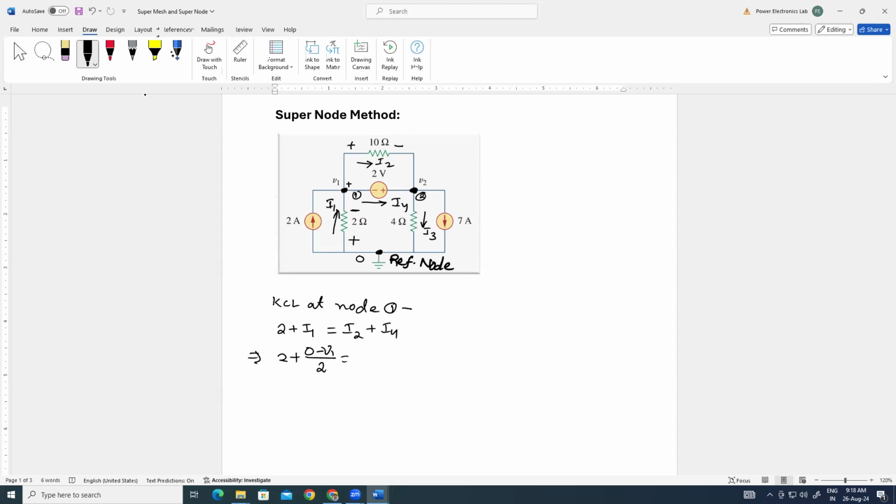Then what is the value of I4? The resistance value is 10, so it will be by 10. What is the value of I4? 0 minus V2 upon 4.